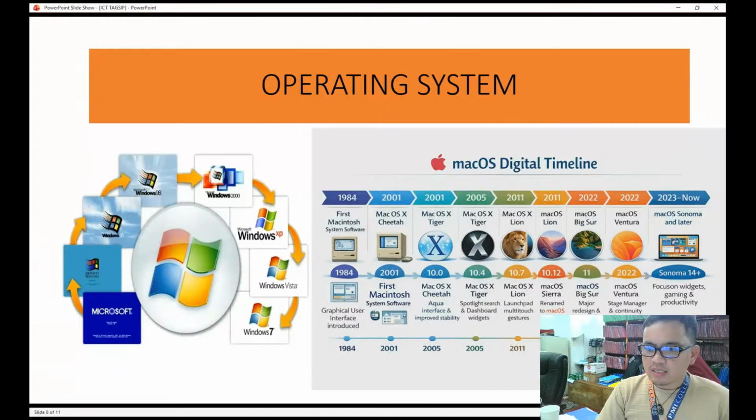In our school, and maybe almost everywhere here in Bohol, we are using Microsoft Windows as the operating system in the IBM PC: Windows 95, 98, 2000, Windows 7, Windows 8, Windows 10, and Windows 11. I am not familiar with the Mac OS digital timeline.